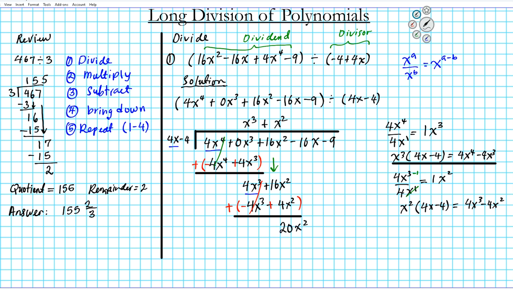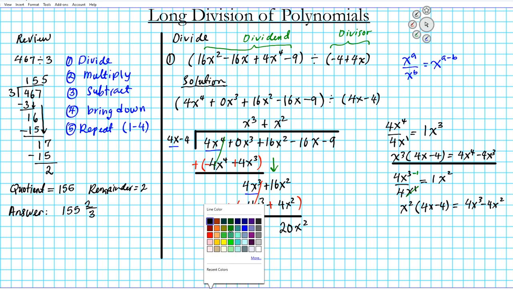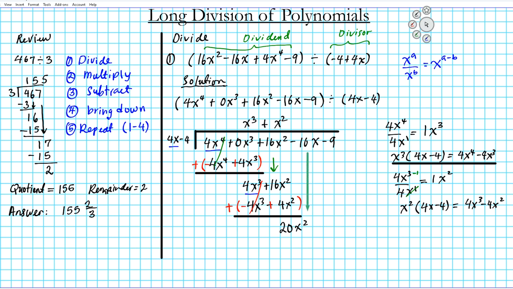That's your subtraction operation. And then you bring down. Okay, just repeating the same process over and over again. So bring that down. So it's 20x squared minus 16x. Okay, that was a 6 right there, looking like a 10.